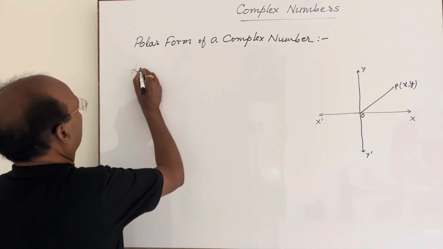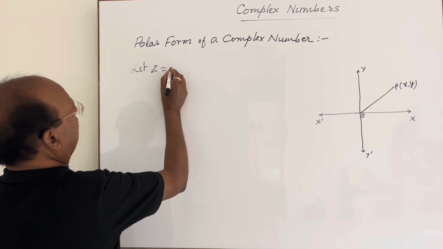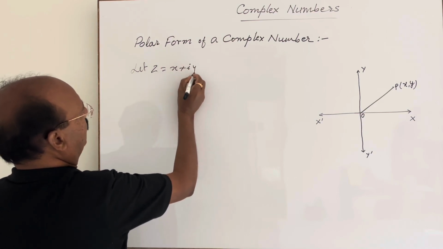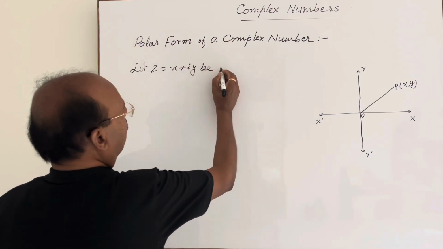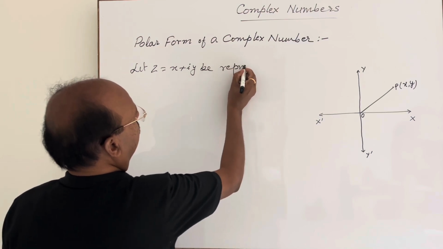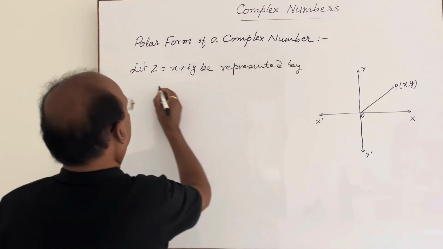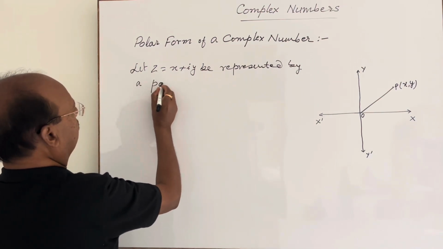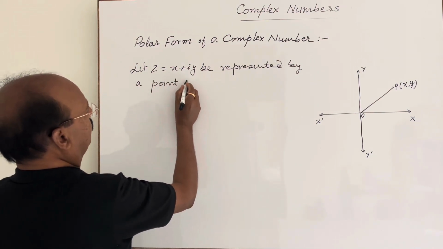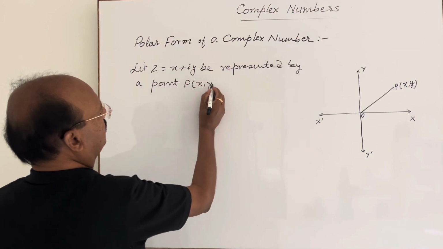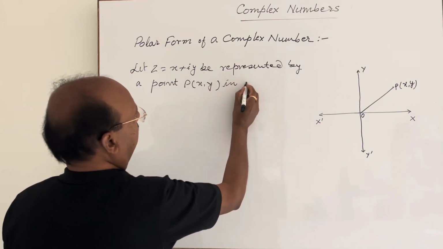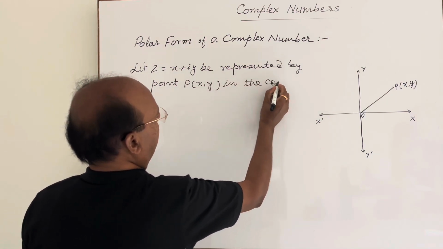Let z = x + iy be represented by a point P having coordinates (x, y) in the complex plane.